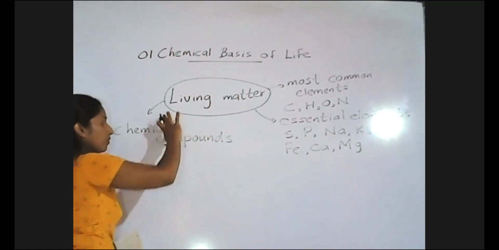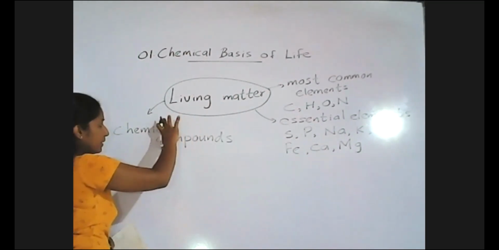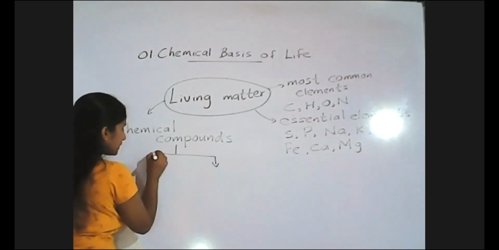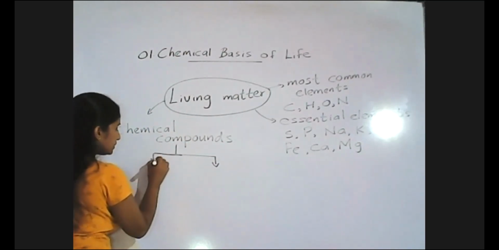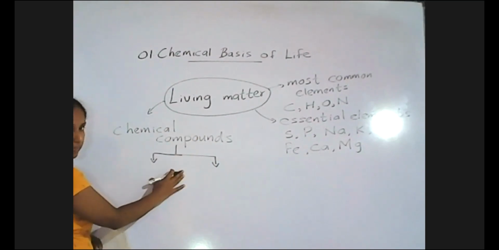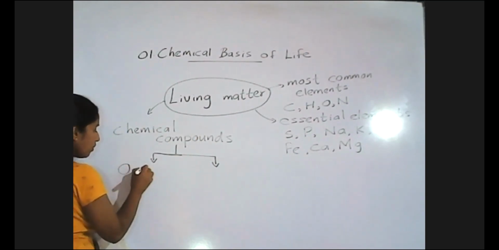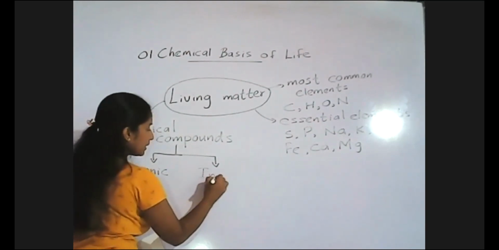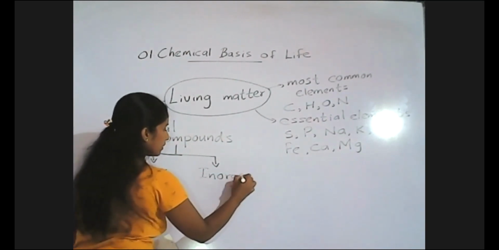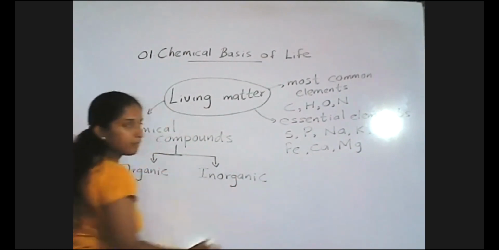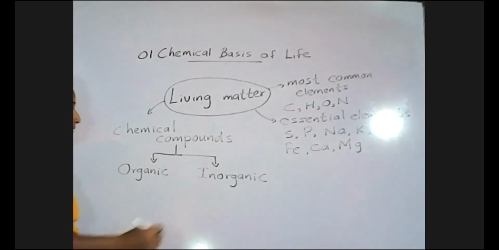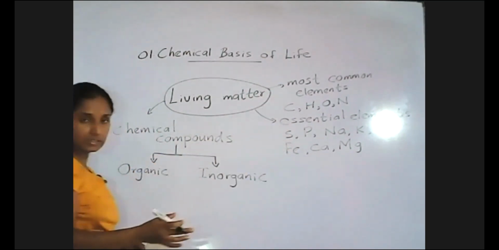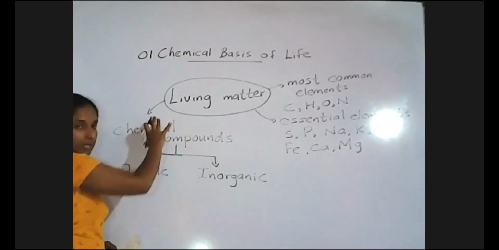We can categorize these chemical compounds into two main groups. I think that you can remember. What are the two main groups of chemical compounds? Yes, organic compounds and inorganic compounds. By combining the common elements or other essential elements, it forms the chemical compounds.